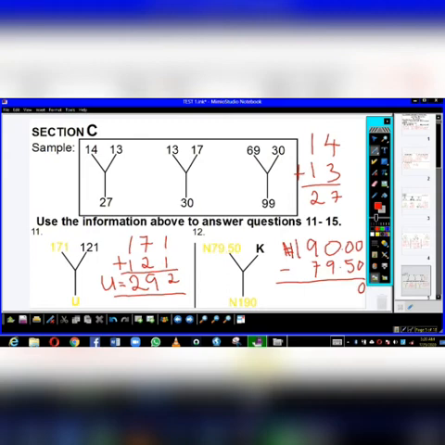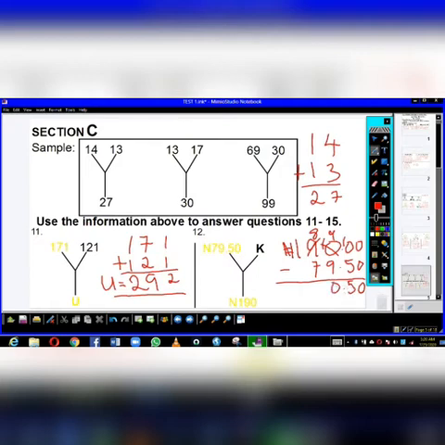Of course, it's not possible to subtract 5 from 0. We need to borrow. We can't borrow from this 0. We'll come to 9 and borrow. What do we have? We have 8. Add it here. You have 10. Borrow 1 again. You have 9. Add it up here. You have what? 10. 10 minus 5 will give you 5. 9 minus 9 is 0.